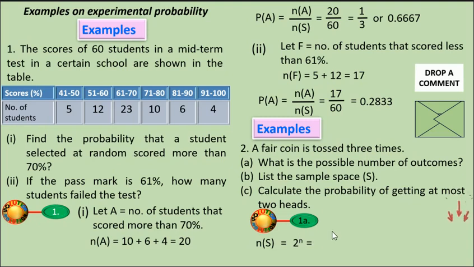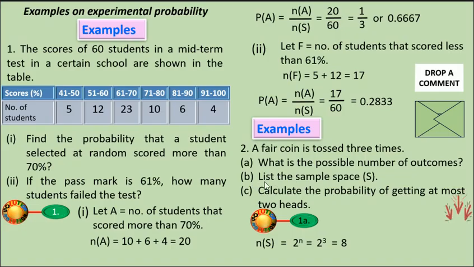We are going to replace n by 3. And 2 raised to power 3 will be what? 8. So we are expecting to have 8 elements in this sample space. Therefore, the total number of elements in the sample space is 8.